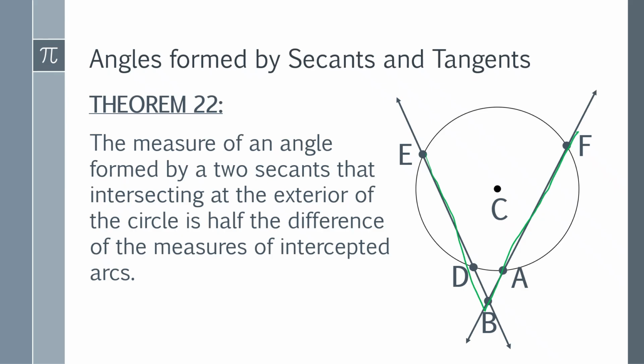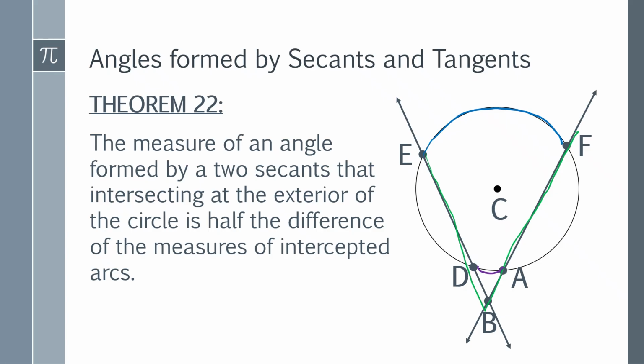In this angle, we have two intercepted arcs. The two intercepted arcs are EF and DA. Remember, this is the bigger arc, and this one is the smaller arc. You have to look for the bigger arc and the smaller arc by analyzation.